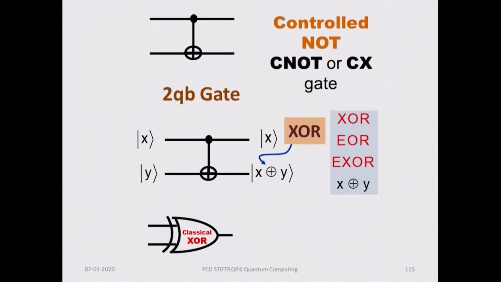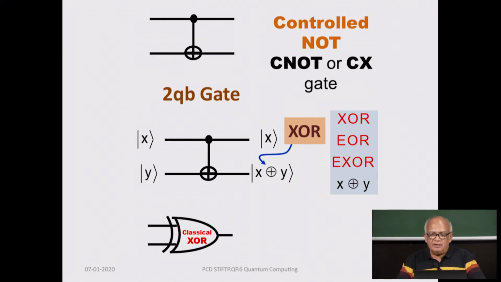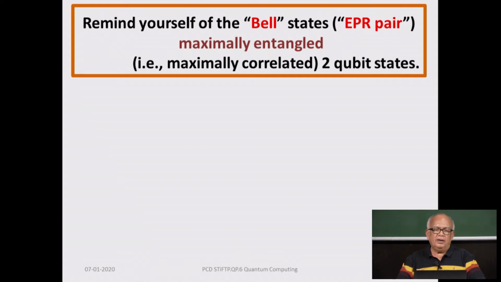You see a 1-to-1 mapping between the control NOT and the exclusive OR operation of classical digital electronics. This is the exclusive OR, which is written as XOR or EOR or sometimes EXOR, or X with a funny plus in a circle and then Y.